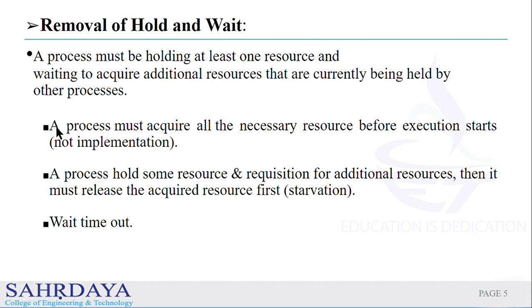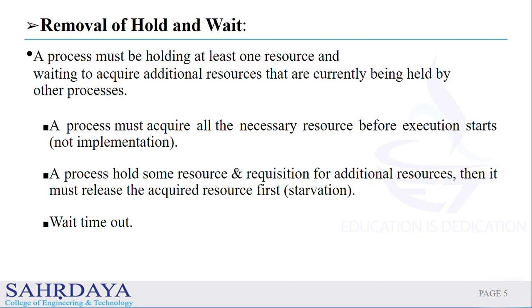The first one is that a process must acquire all the necessary resources before execution starts. The drawback of this approach is that resource utilization would be very low. Second, this kind of approach is practically not feasible to implement. Why?